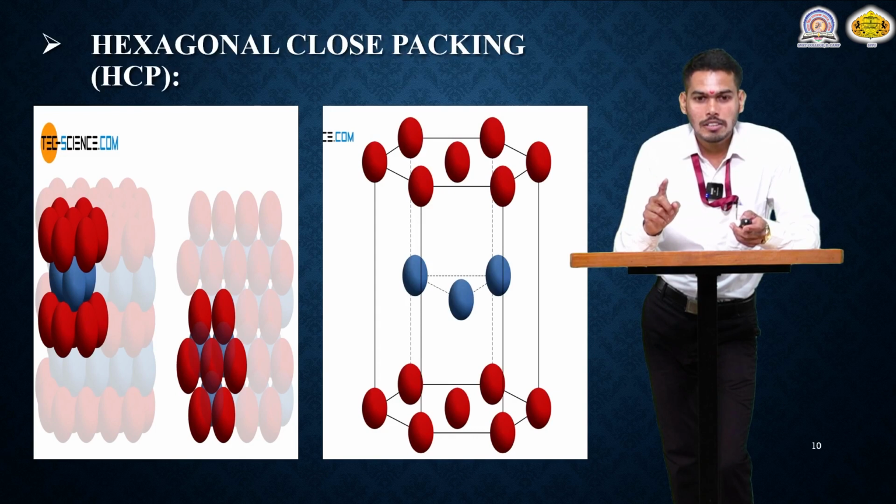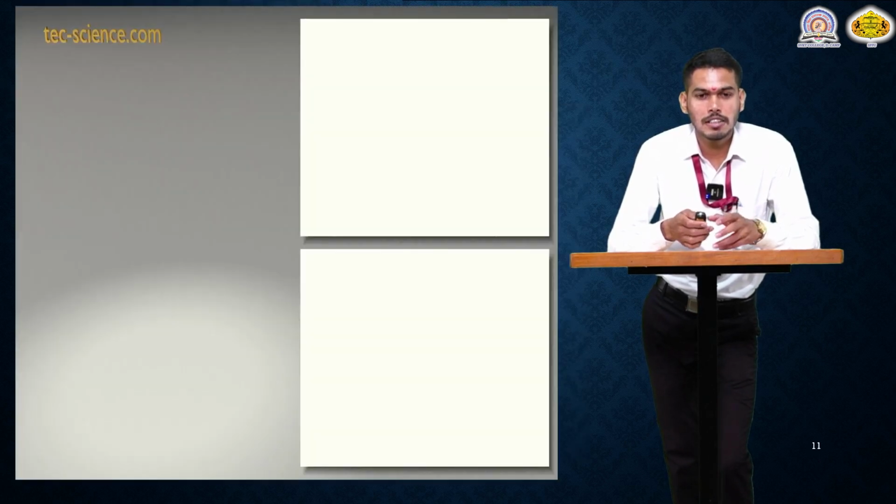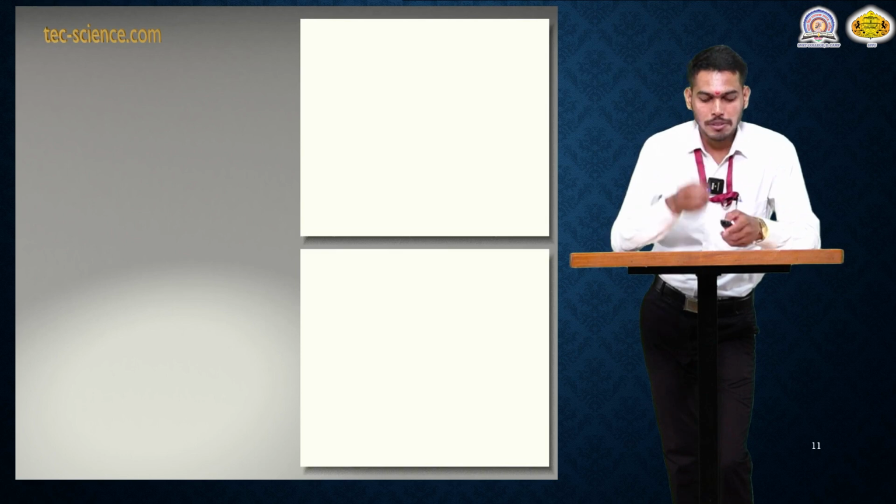So in this we have the ABAB system. How this hexagonal close packing is formed, we will see in a short video.